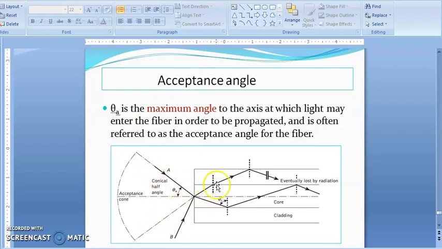Only then will light be launched inside the core of the fiber. Suppose light is present here, it will not be launched inside the fiber. Whenever I am launching light, it should lie within this acceptance cone. This is the acceptance half angle we see, theta A. So when it is within the acceptance angle only, light will be propagating inside the fiber. Otherwise, it will not travel inside the fiber.